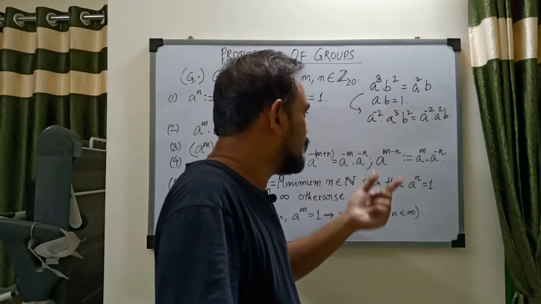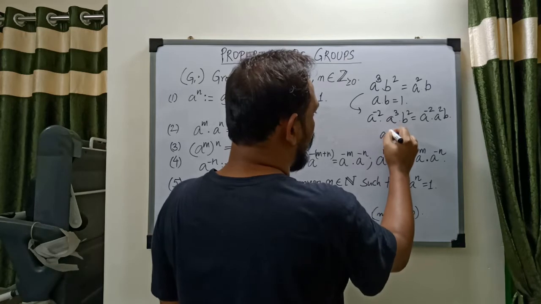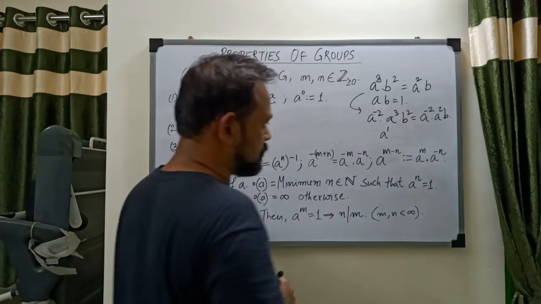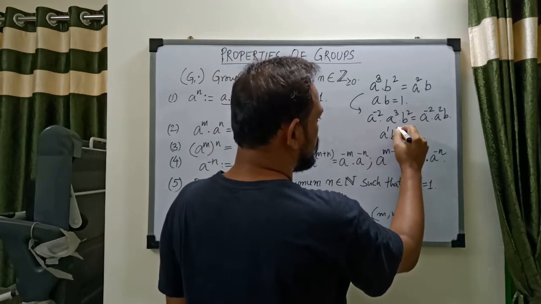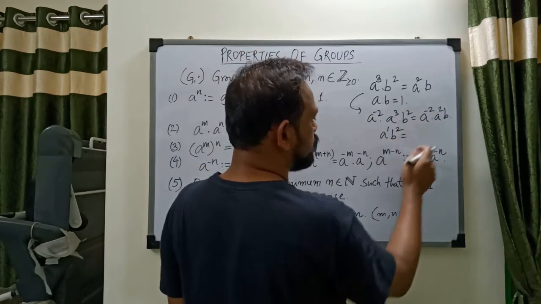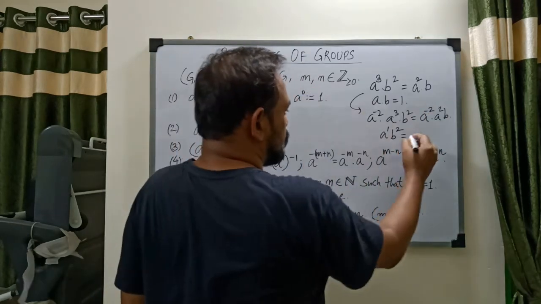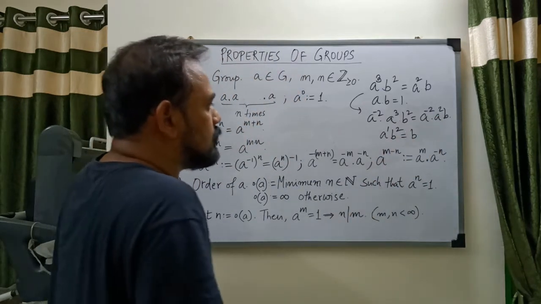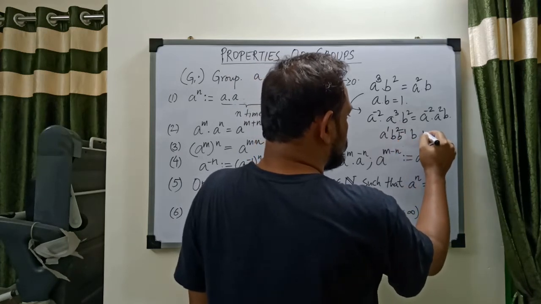I can choose these two. By this, I know that this is going to be just 1, because I'm going to take away from the positive number the negative number, and that gives me B squared. And this, if you take away the positive and the negative number, you get 0, and A to the power 0 is 1. So 1 has no effect on B, so you get B. Again, you can do the same thing. You can multiply both sides by B inverse.